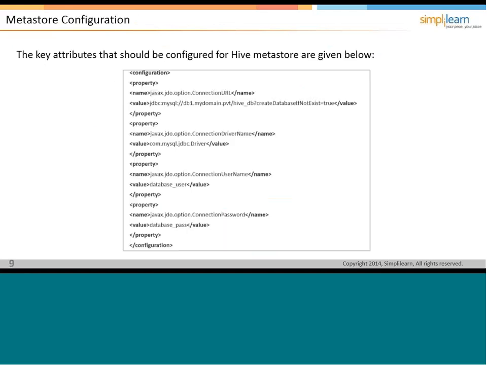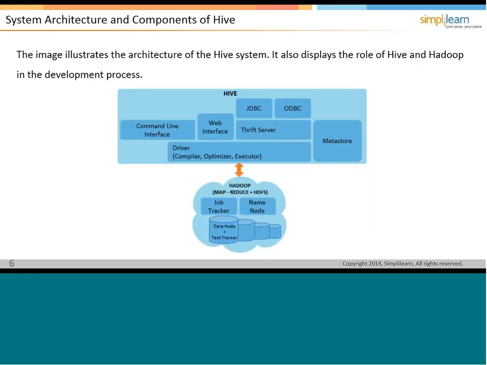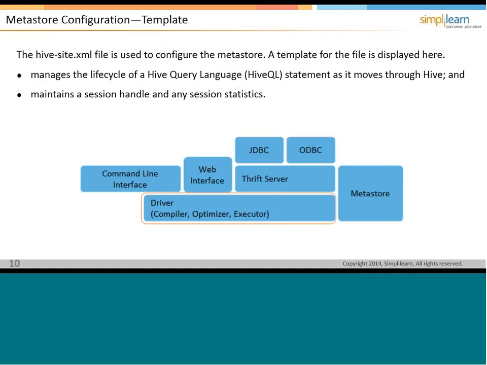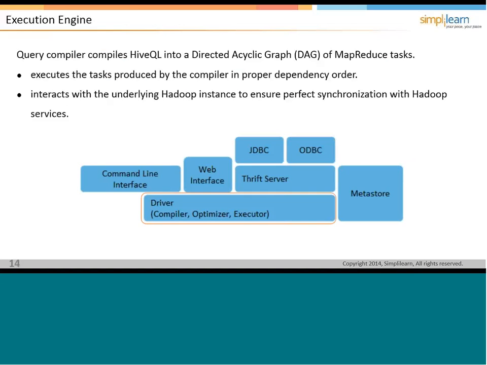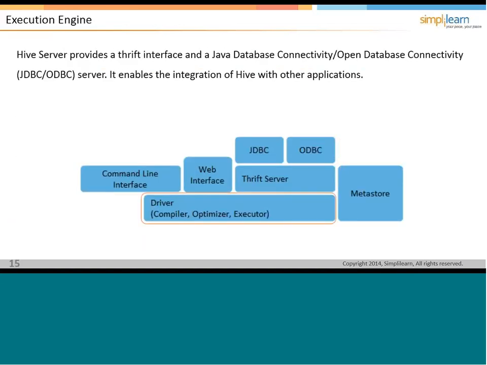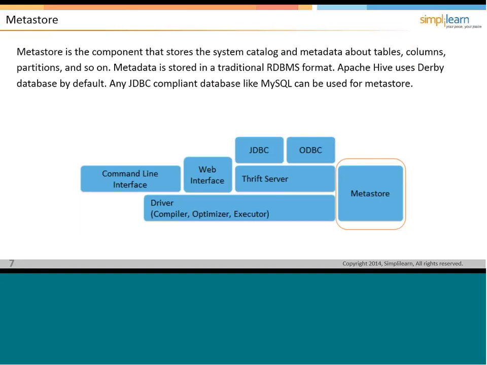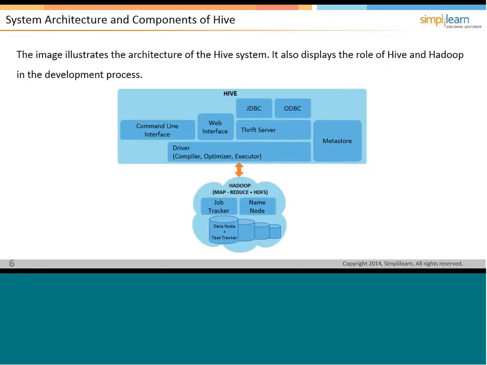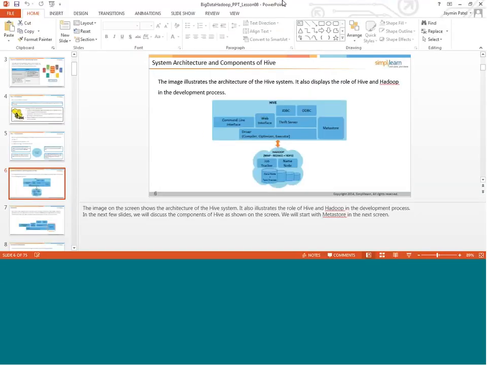If you go to the subsequent slide, they have explained the different components' functionality, the driver, and all the other stuff. But the important point is the metastore, which we need to understand. Before I move forward, is everyone clear as of now?